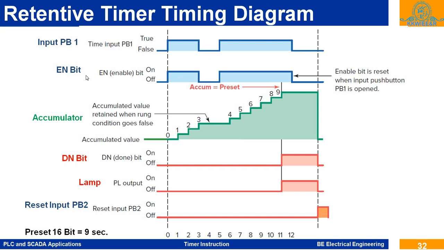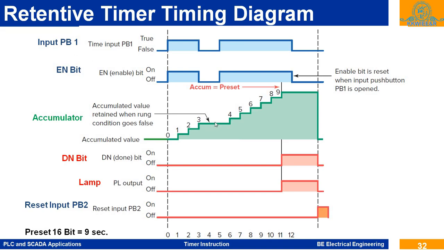Your enable bit is 0 and the accumulator retains this value 3. So the accumulated value is retained when the rung condition goes false. It is held at 3.